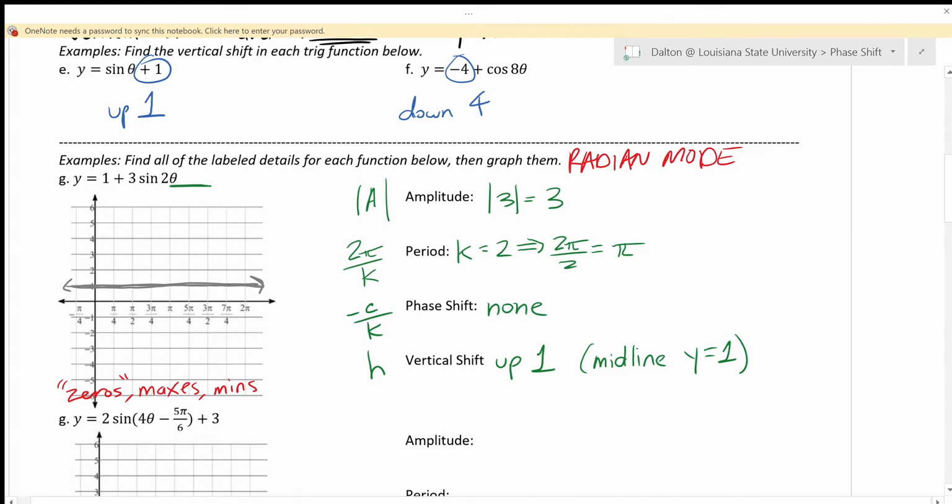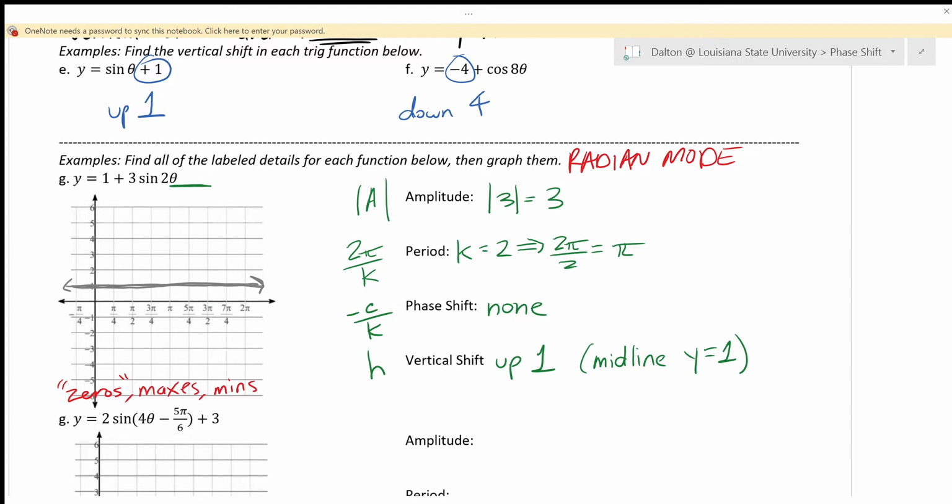But now when I say zeros, because we have this idea of a shifting, I care about the intersection of the midline. That's what I mean by zeros. I don't care where it crosses the x-axis. In fact, sometimes your graph will never cross the x-axis now because we can shift it all the way away. Okay, so when I say zeros, I'm really only talking about the intersection of the midline, and then your maxes and your mins like normal.